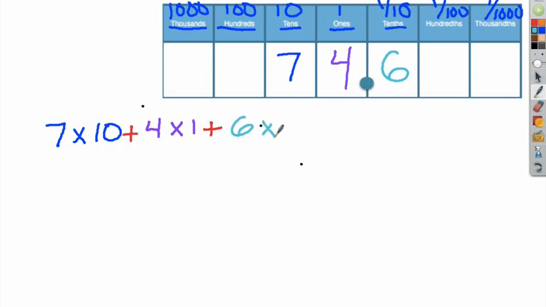So I want you to finish that one for me. Think about what place it's in and what are you going to multiply the 6 times. Okay, this is in the 10th place, so we're going to take it times 1/10. I'm going to add another number, I think. Let me see.